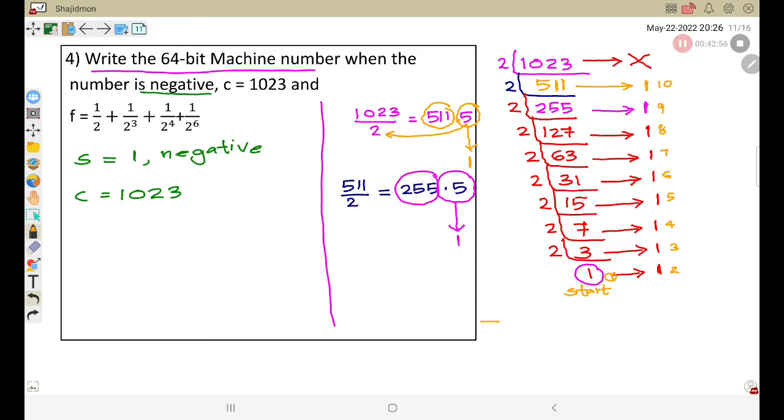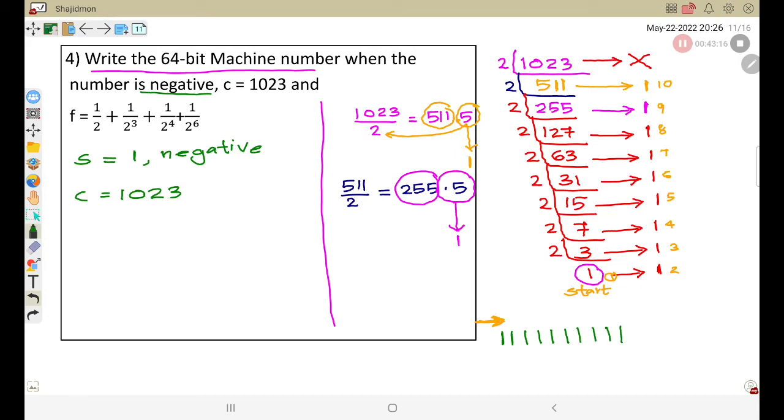For your better understanding, I am writing like this. Start from here. See how many ones are coming. 10 ones are there. Correct? So first one here, second, 3, 4, 5, 6, 7, 8, 9, 10 ones.